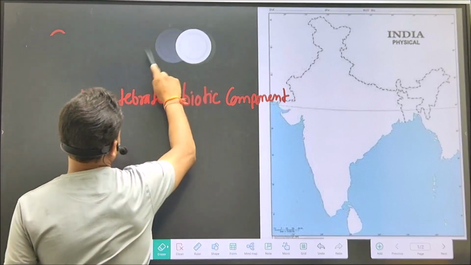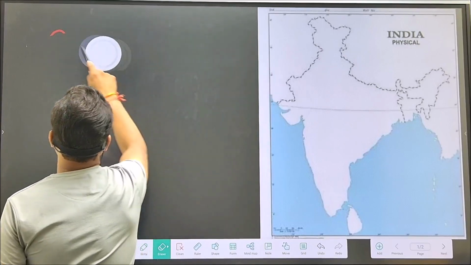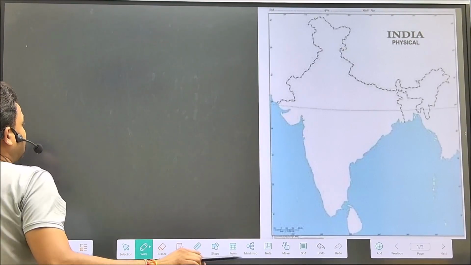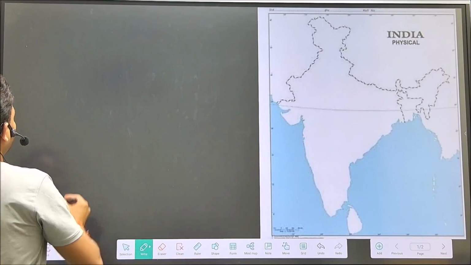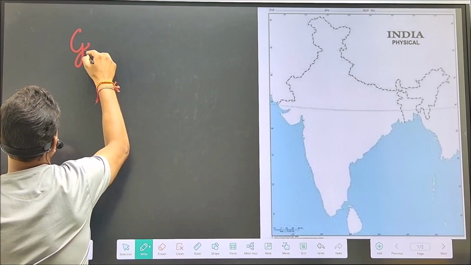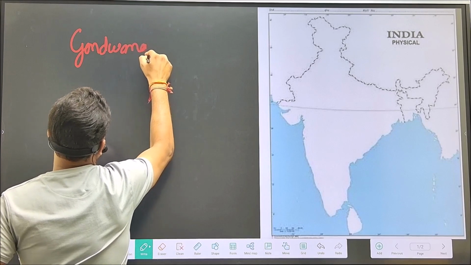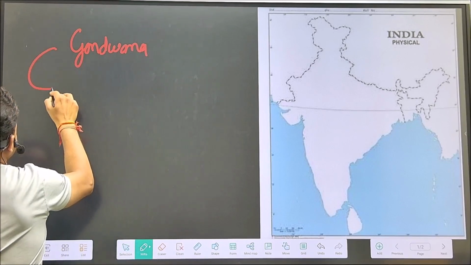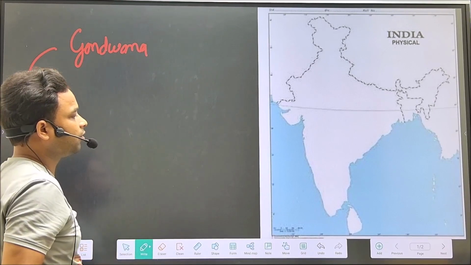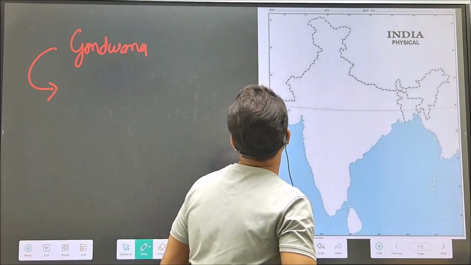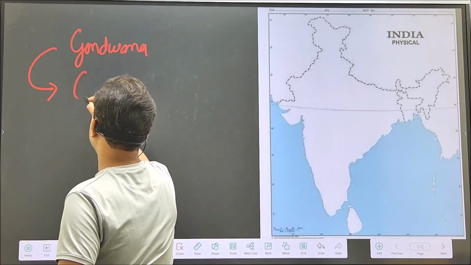Now the next rock system is in Carboniferous, which is Gondwana. See, Gondwana rock was formed basically in the Carboniferous time period.